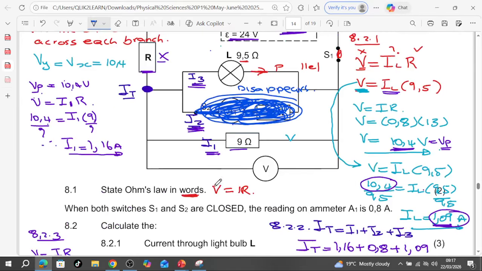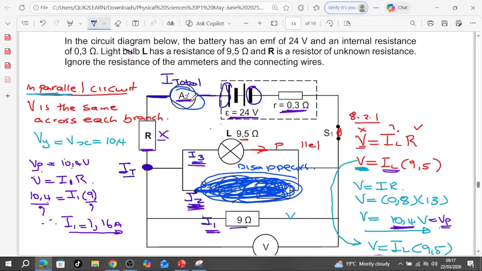A2 measures the total current of the battery. So what I need you to ask yourself is, what happens to the total resistance?